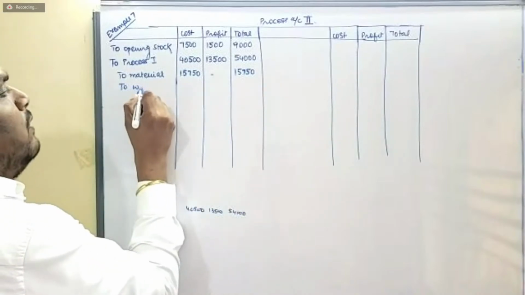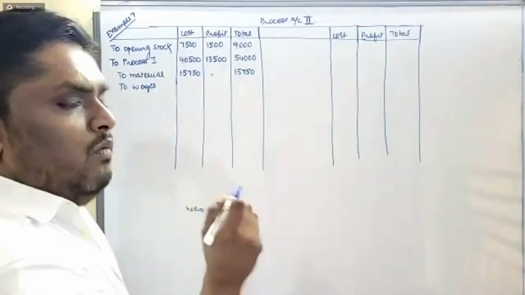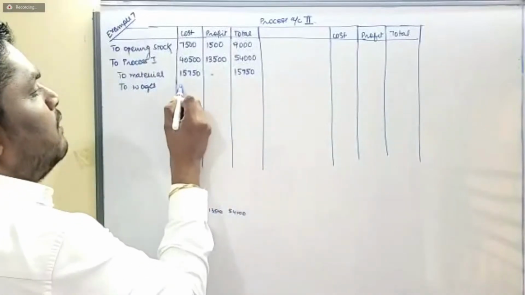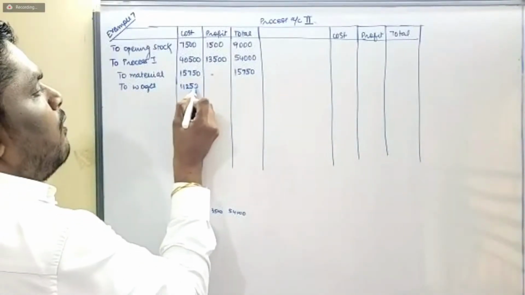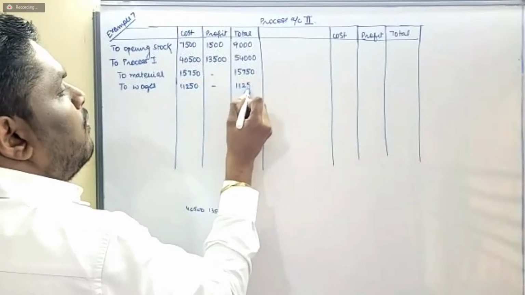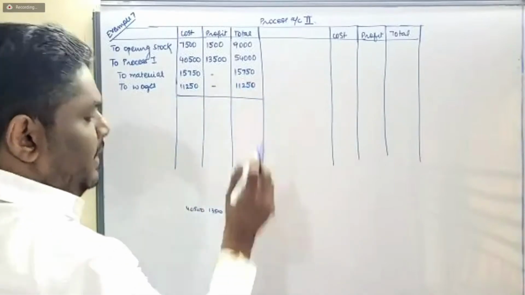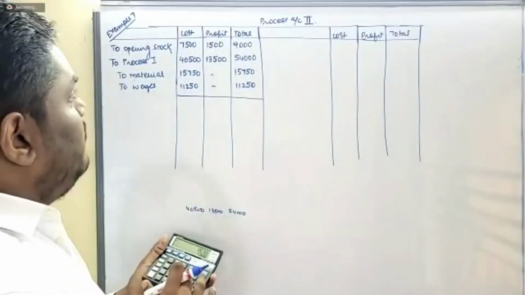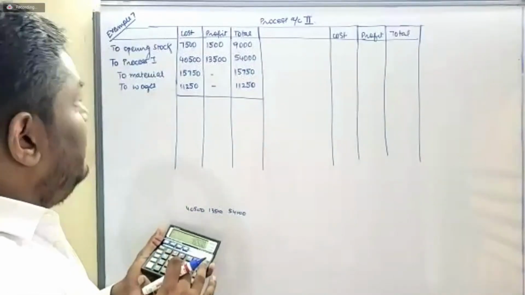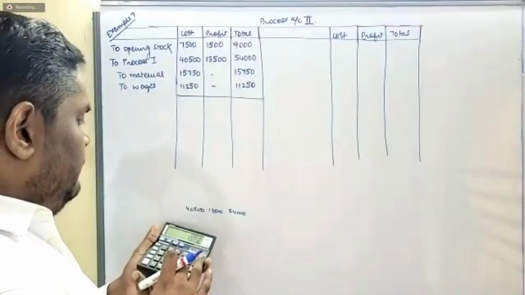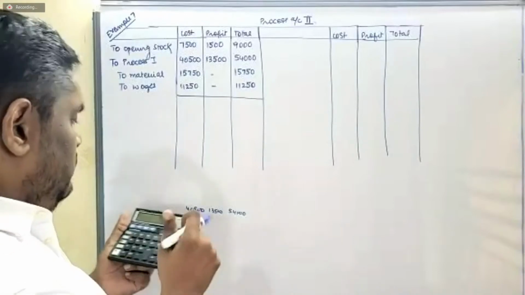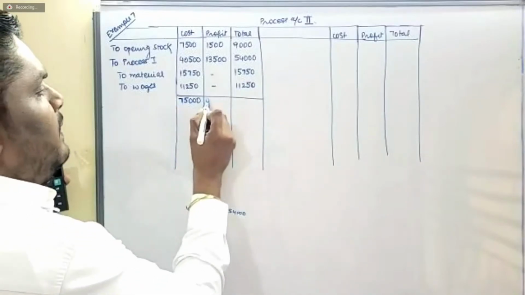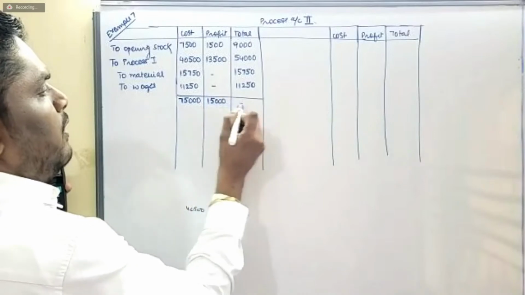Two wages. That is 11,250. So this will be my total. As we have to calculate the prime cost of 7,500 plus 4,500 plus 15,750 plus 11,250. So this is 75,000 plus 15,000, and this will be 90.